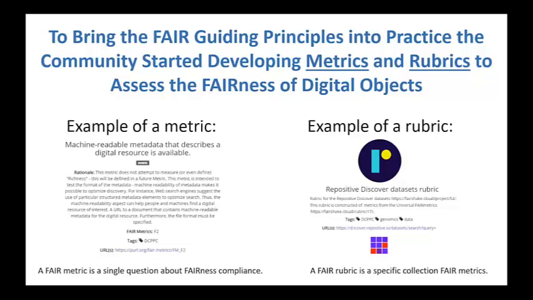A metric is simply a question that asks about one of those aspects of fairness, whether a digital object is compliant. For example, here is a screenshot of a metric from FAIRshake that asks whether the digital object has machine readable metadata that describe the digital resource.